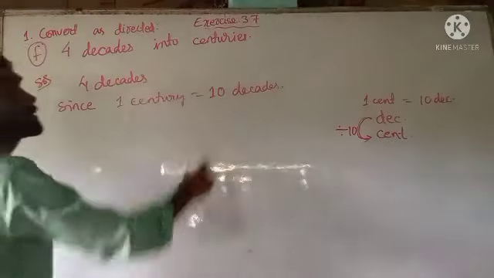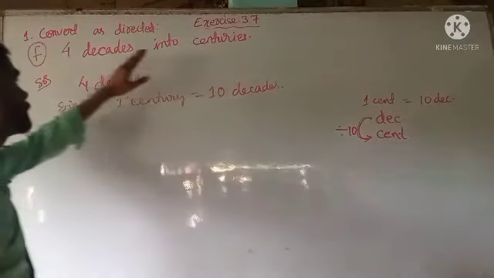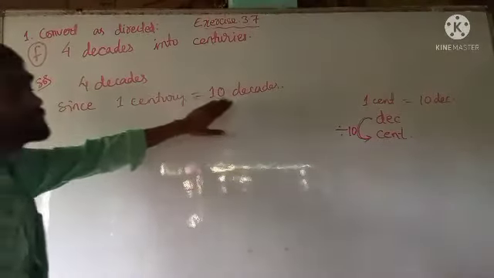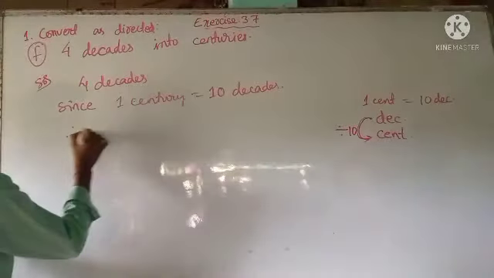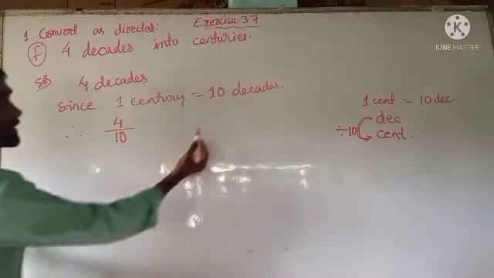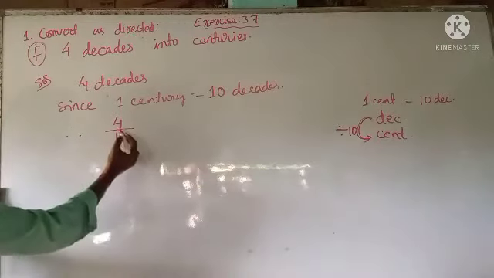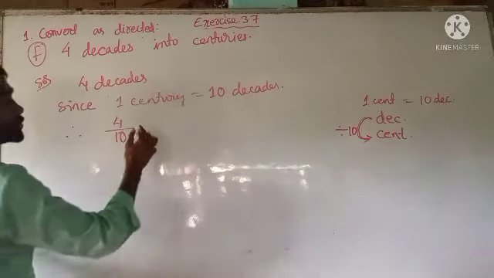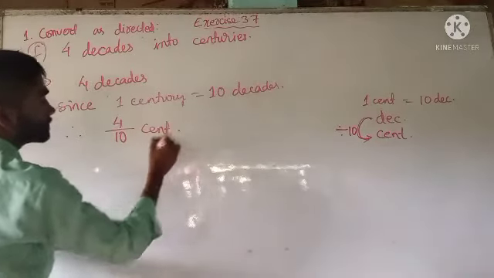Since 1 century is equal to 10 decades, so in order to convert this decades into centuries, we'll have to divide it by this 10. So therefore 4 by 10, and the unit here will change from decades to centuries.